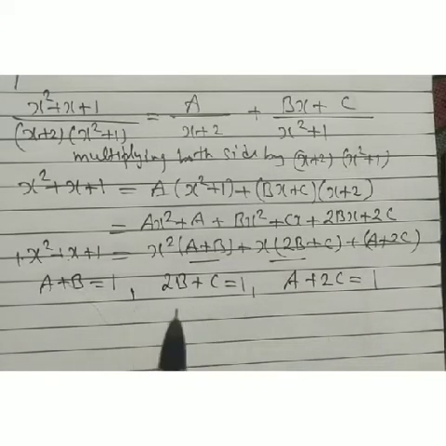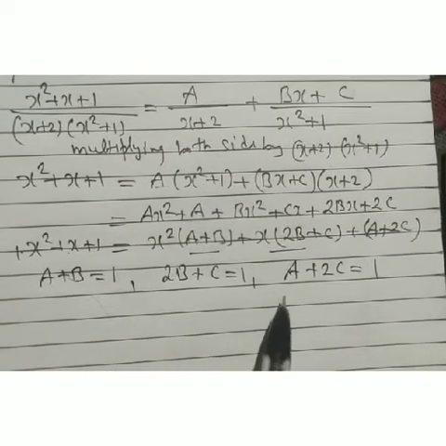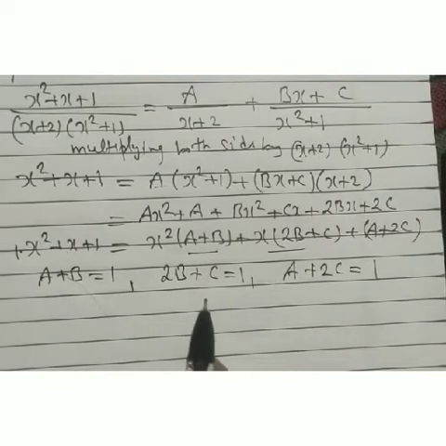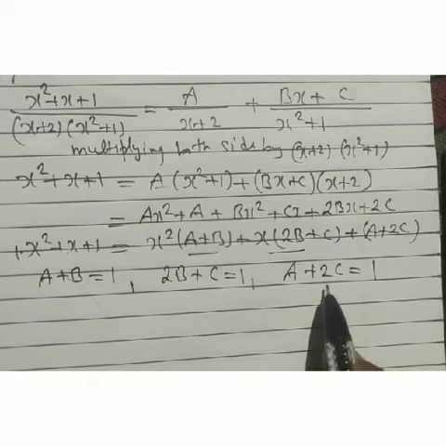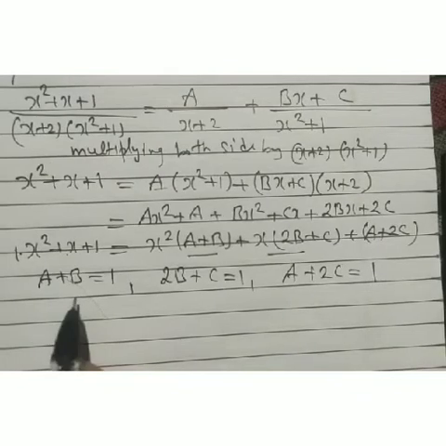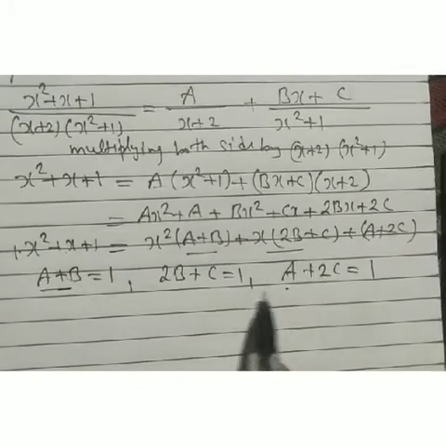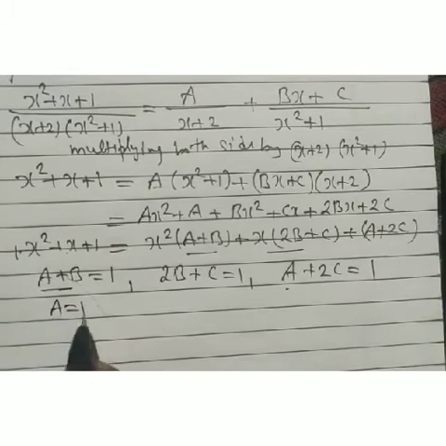We have a plus b, 2b plus c, and a plus 2c. From the first we get the value of a in terms of b and c: a is equal to 1 minus b.